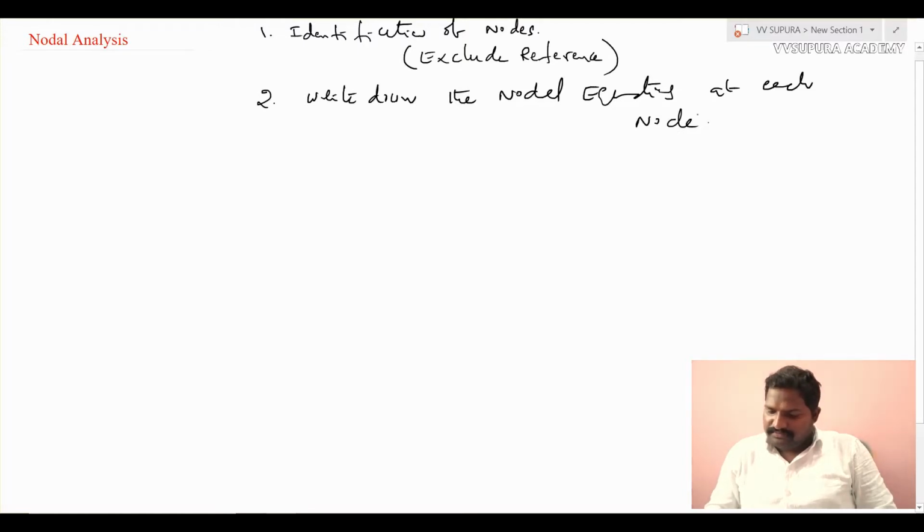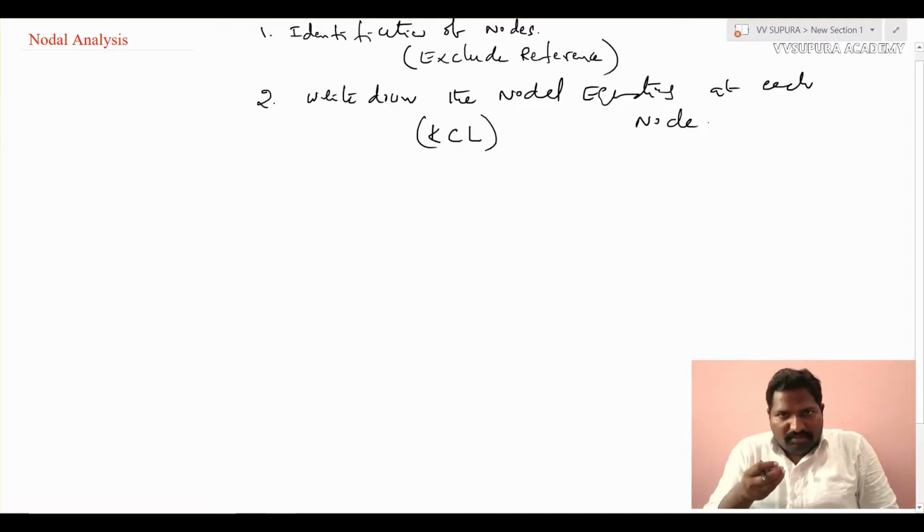So writing of nodal equations at each node, we use KCL here. In the mesh analysis, to write the mesh equations, we use Kirchhoff's voltage law. But in this nodal analysis, we use Kirchhoff's current law. And we have to use the identification of currents also.